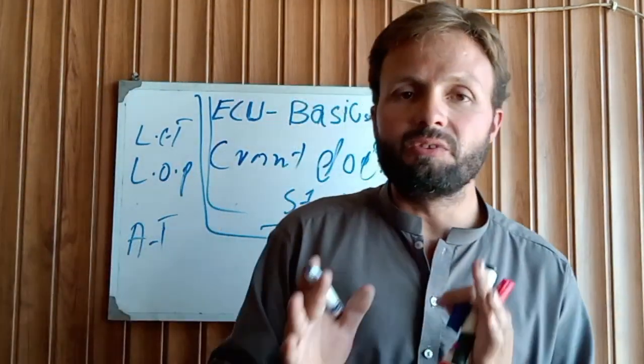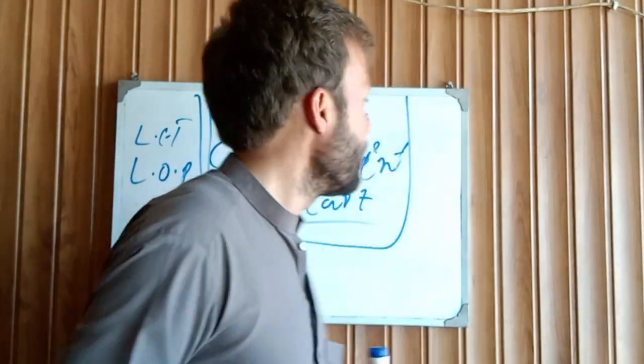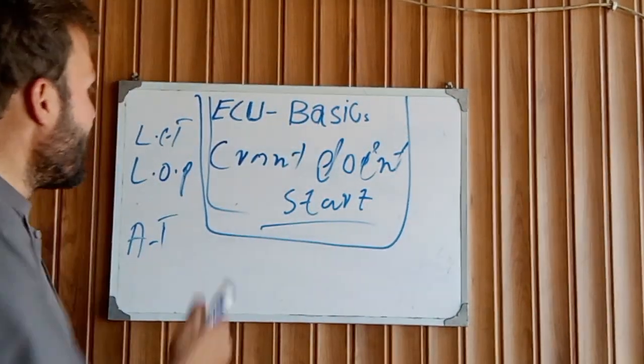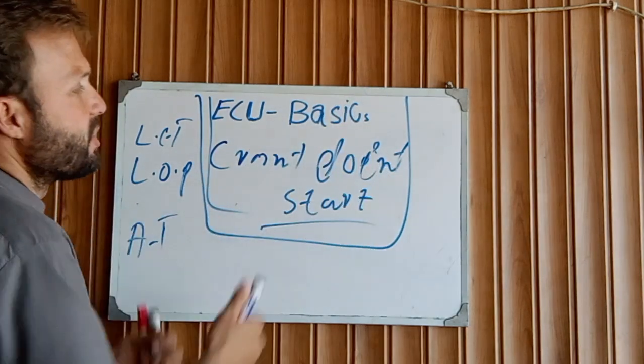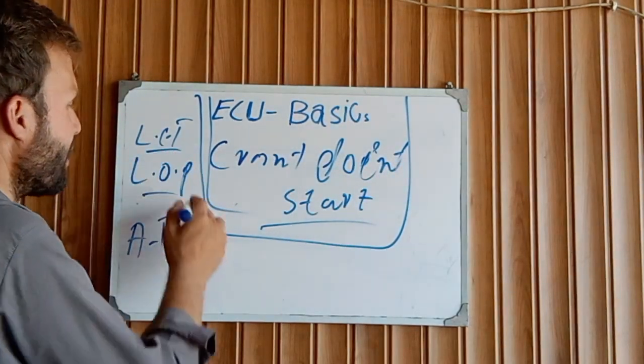This engine must have different types of sensors. First of all, you need to verify that my ECM is working or not. In all types of engine control system modules, the sensors have three wires.